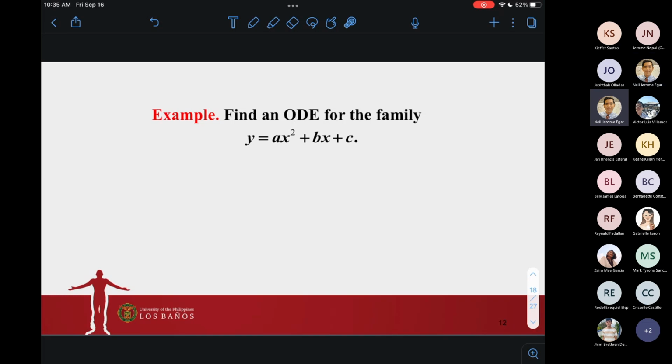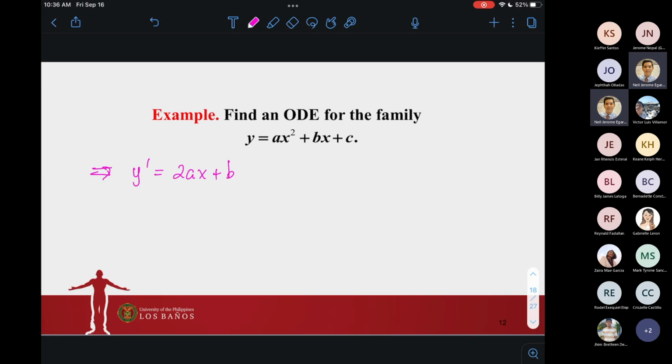All right? But no worries here, para magawa yon dahil 3-parameter family to, pwede tayong mag-differentiate at most thrice and see if we can eliminate the parameters by then. All right? So tatlong derivative to. So first, if this is y, then we get y prime equals what? 2ax plus b.